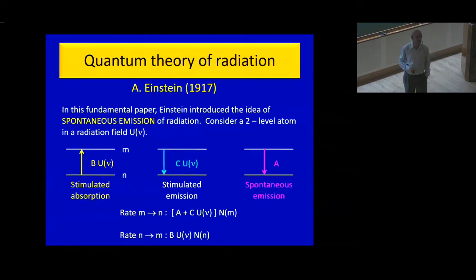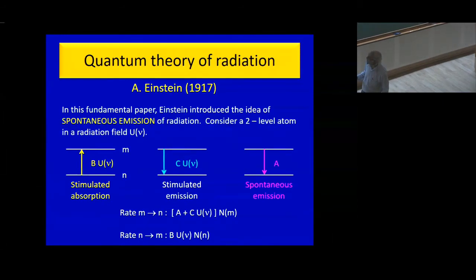He had no answer for that. We found out the answer only in the 1940s. Today we say an atom jumps from an upper level to a lower level spontaneously because of vacuum fluctuations. This is the work done by Feynman, Tomonaga, Schwinger, and various other people, quantum electrodynamics.